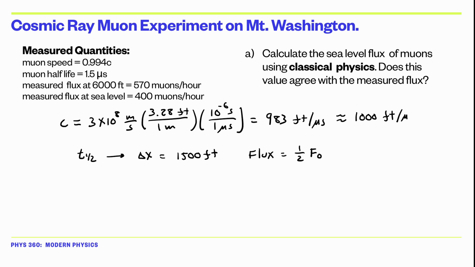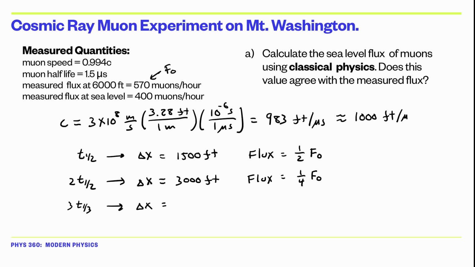We'll define F naught as the initial flux of muons at 6,000 feet. If we wait 2 half-lives, the muons will have traveled 3,000 feet, and the flux will be reduced by another factor of 2, or 1/4 of the original value.